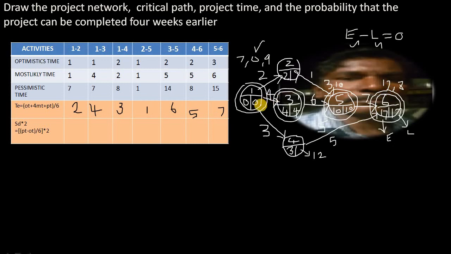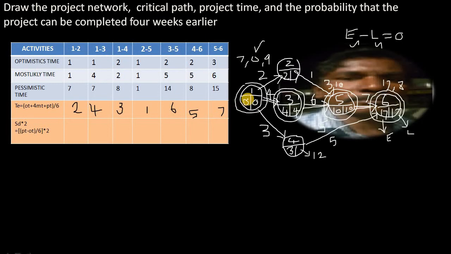Right. Now through this we are drawing a path from 1 to 3, from 3 to 6, from 5 to 6. That is, we are drawing a path through which the event where the difference between the earliest time and latest time equals 0.